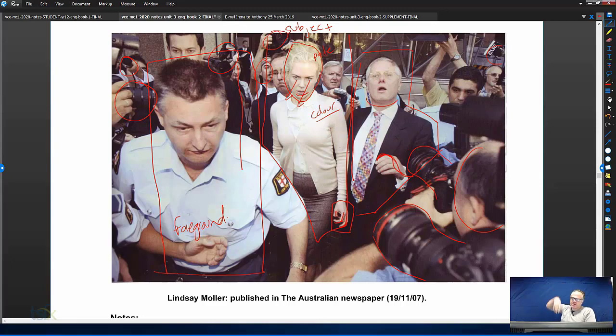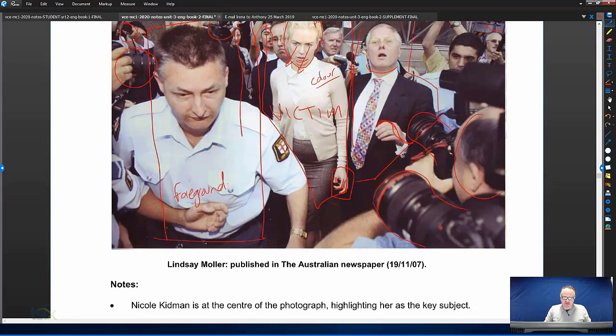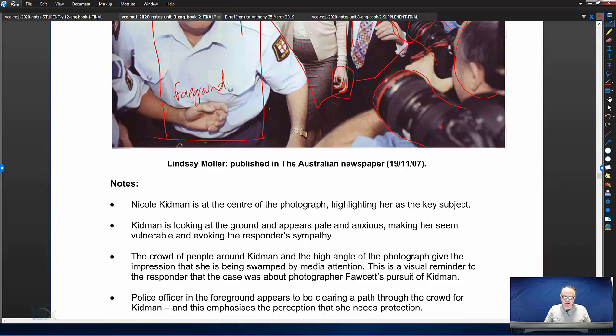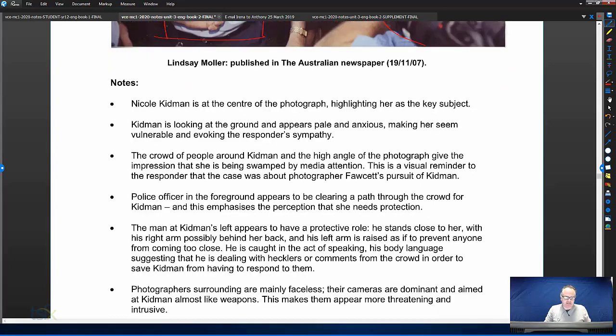And so by looking down on her, you still get a big idea of the fact that she's crowded in with all of these cameras. So it's a pretty carefully selected photo to really make Kidman look like a victim, which by association means that the person that she's gone in to testify against in the case is a villain, or is a perpetrator of some sort of horrible action.